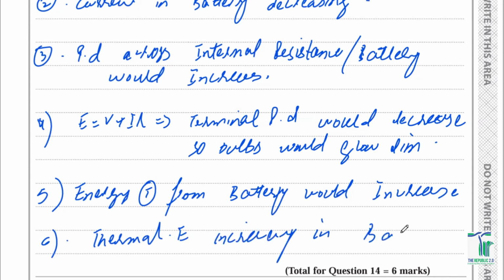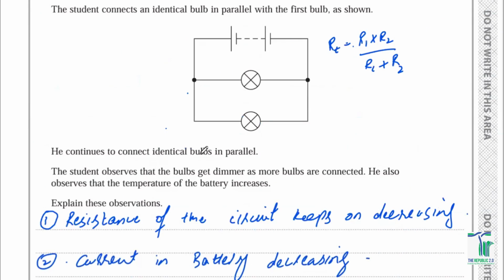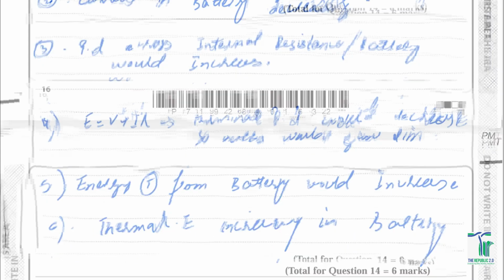So, these are the simple points which we need to mention for this question. It was just asking why the bulbs got dimmer, and the bulbs got dimmer as you keep on connecting the resistances in parallel.